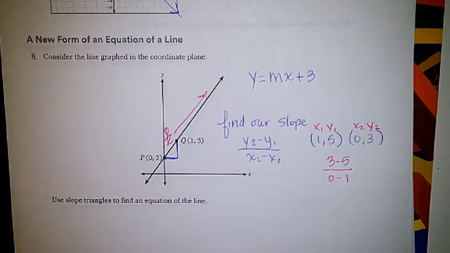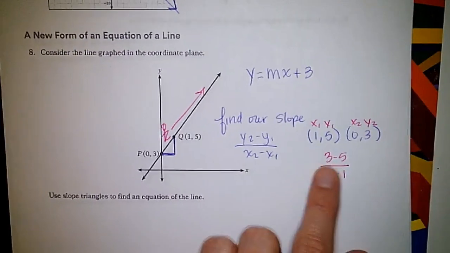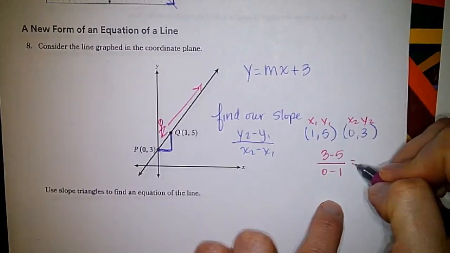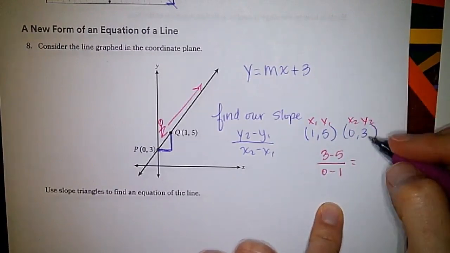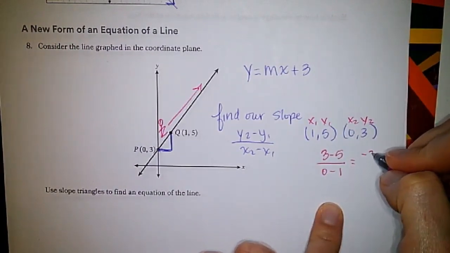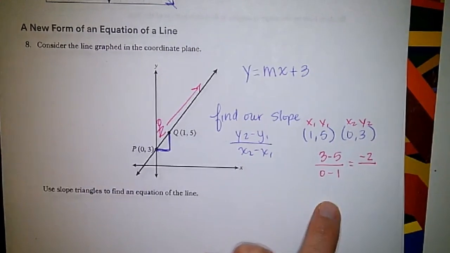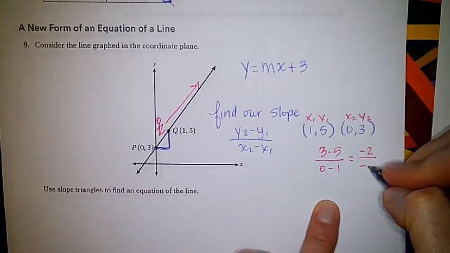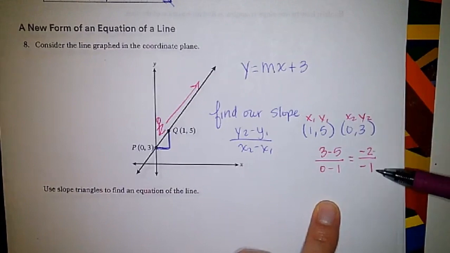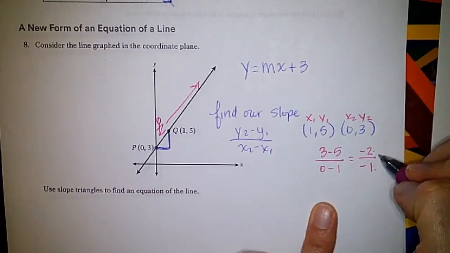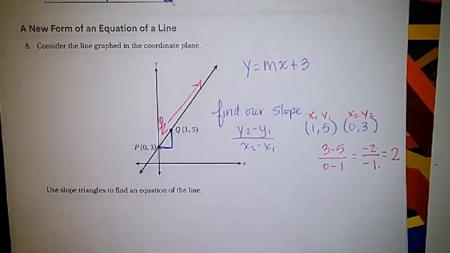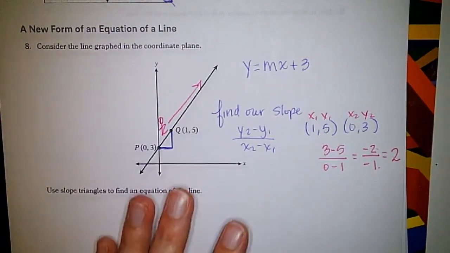What's 3 minus 5? Class? Negative 2. What's 0 minus 1? Negative 1. When you have a negative and a negative, it means that it's going to be a positive 2. So, let's finish our equation. What's our equation? Y equals, what's our slope? 2 times what?